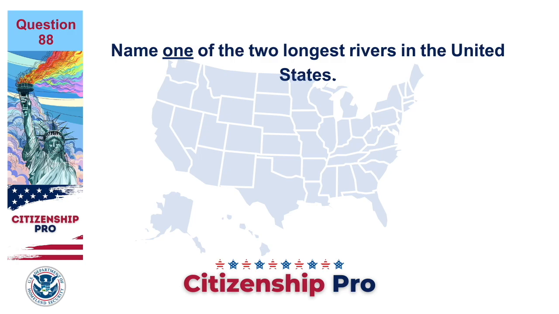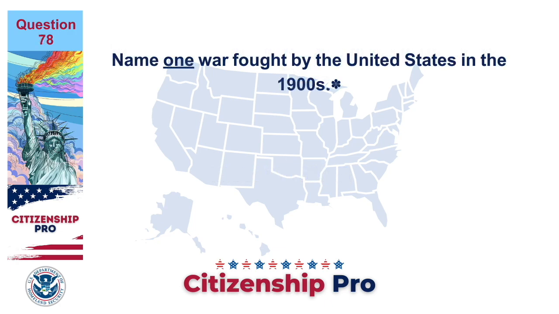Name one of the two longest rivers in the United States. Missouri River. Name one war fought by the United States in the 1900s.